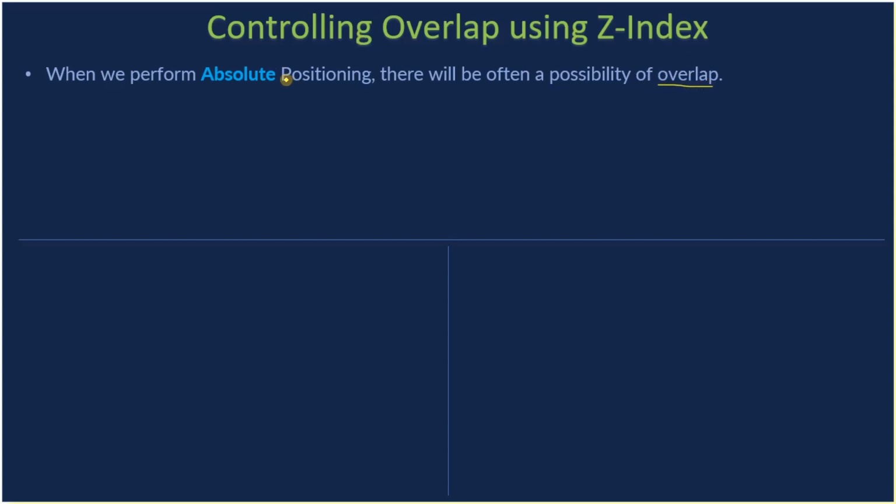It depends on how you are performing the positioning, and also the content width. Because of content width and the absolute positioning, one element may go and overlap with another element, especially when you specify a fixed width.